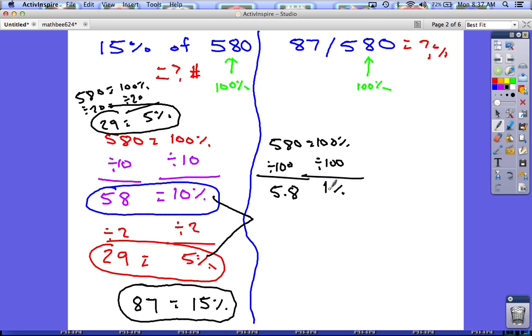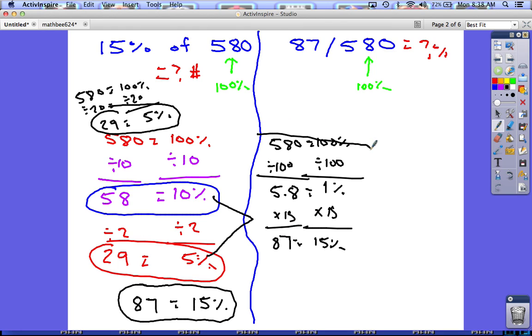So now I have 1% equals 5.8. I want to get to 15%. Well, it should be pretty simple. How do you get from 1% to 15%? Times 15. There's 15%. Over here, if I times that by 15, that's 87. Very flexible use with this.